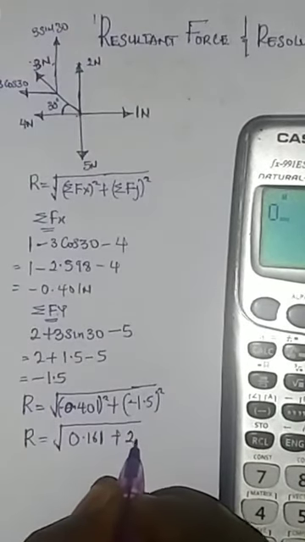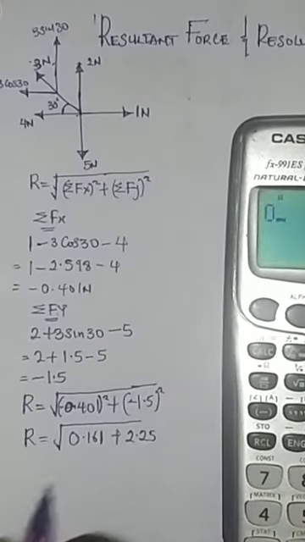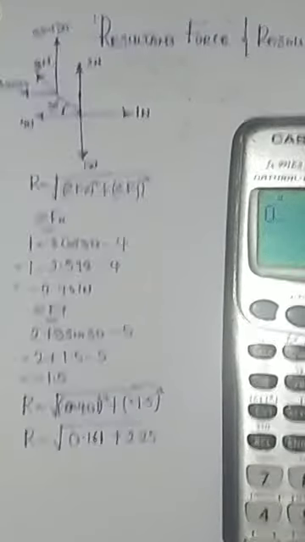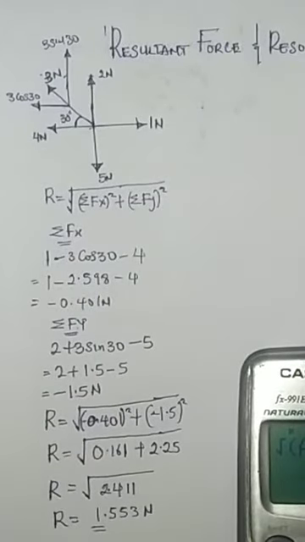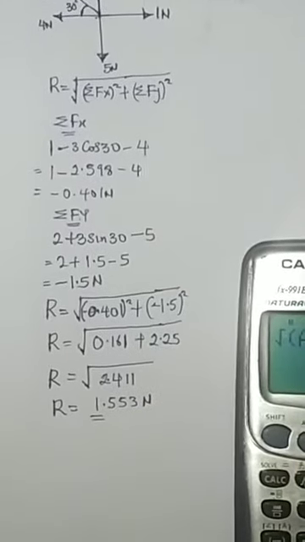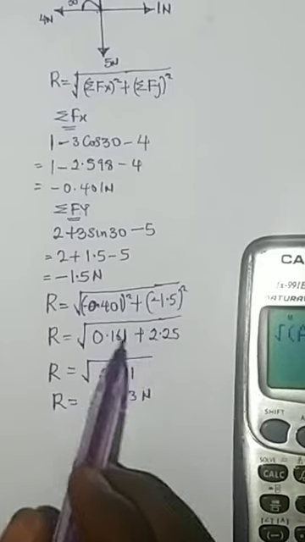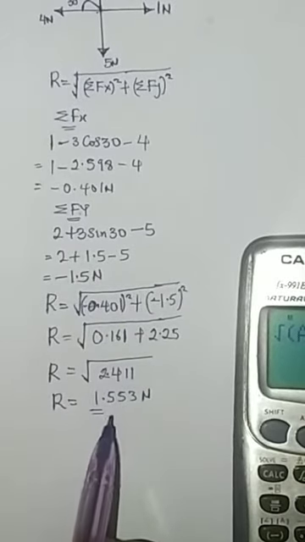Is that good? So from here, if you do that, this is what you now have. By the time you add these two, you square root them and you're having this.